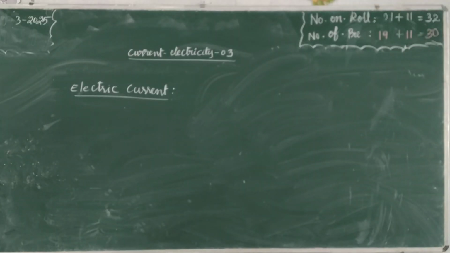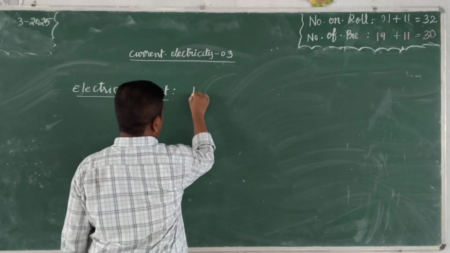See, first, electric current means rate of flow of charge.